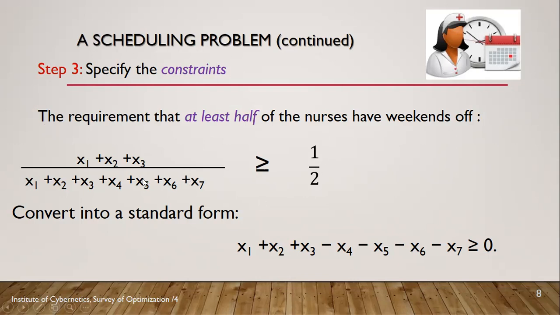But this is a ratio expression, so we need to convert it to a linear one, and preferably to a standard form. We do it by performing simple algebraic operations, specifically cross multiplication. So this comes here, 2 comes here. Then we move all the variables to the left, find the like terms, and perform simplification.